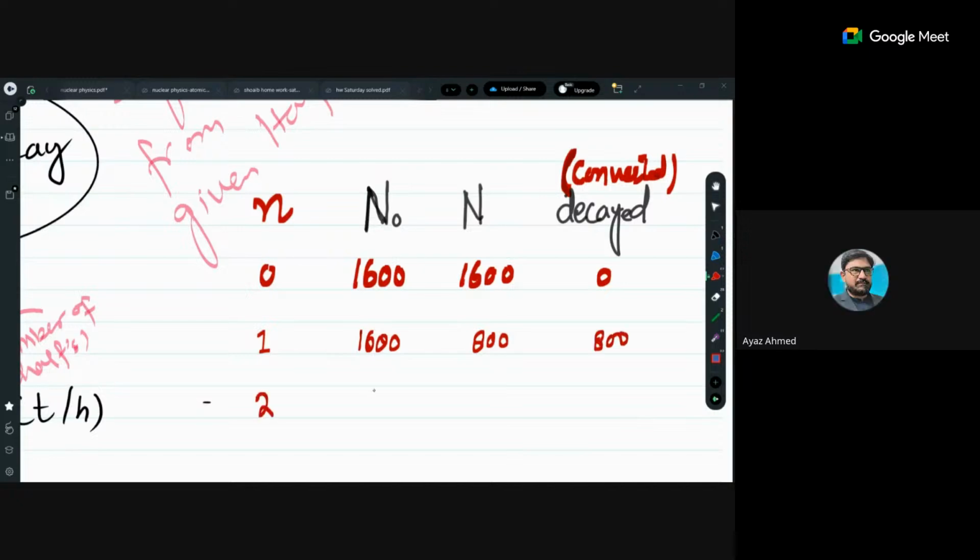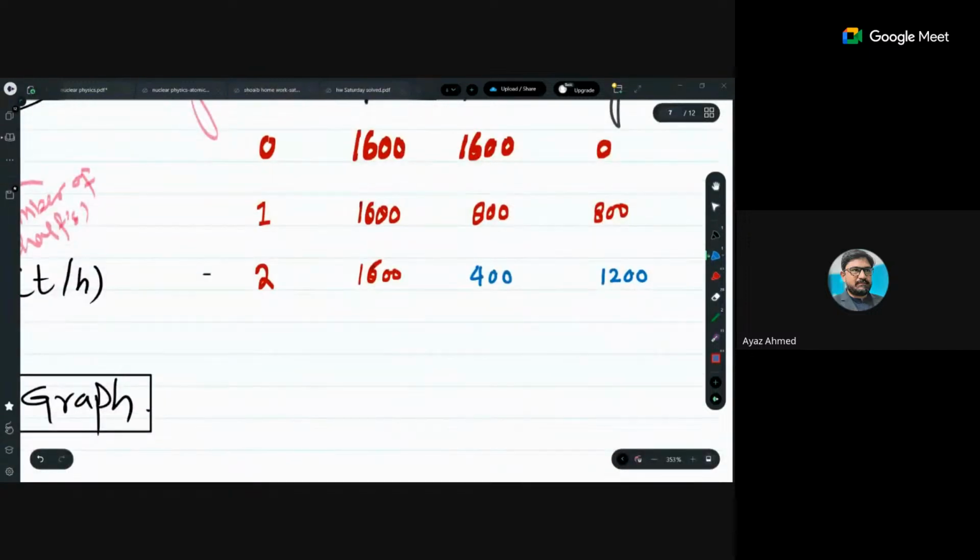After two half lives, original number is 1600, right? Now 400 are left behind, but till this time 1200 have been decayed. Are you getting my point? You write the total decayed, right?